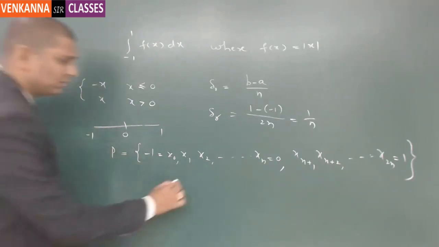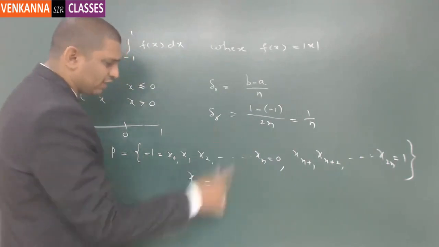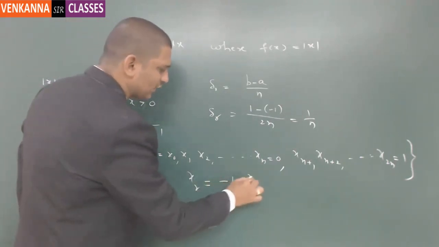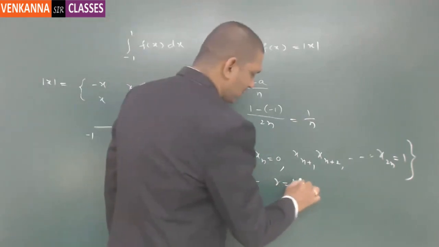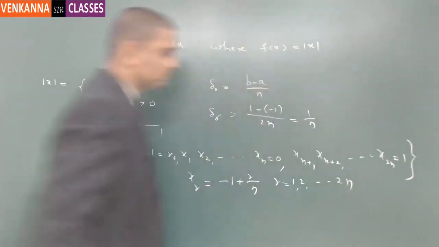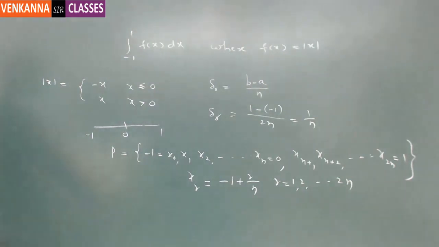So if you write xr or tr, it is nothing but -1 plus r by n, where r varies from 0 up to 2n, or r is equal to 1, 2, and so on, up to 2n. If you substitute these values, you are going to get the respective points x0, x1, x2, x3, and so on.